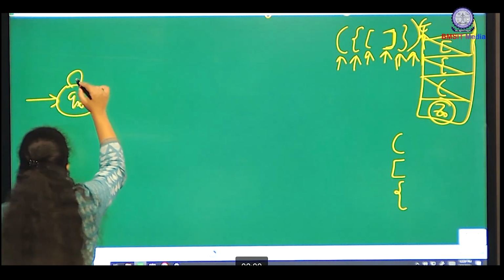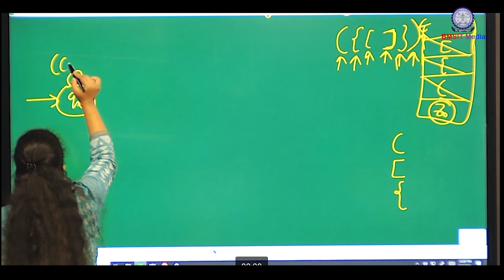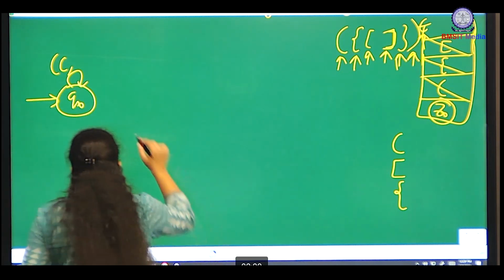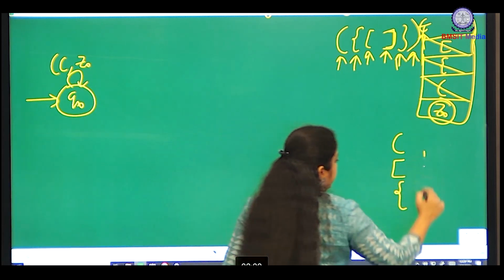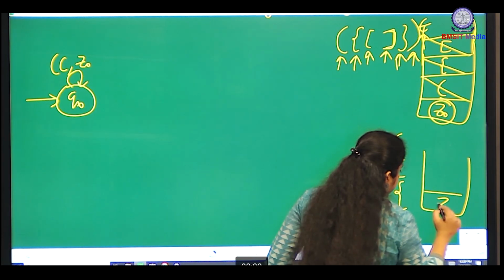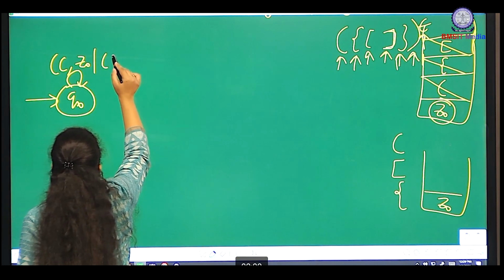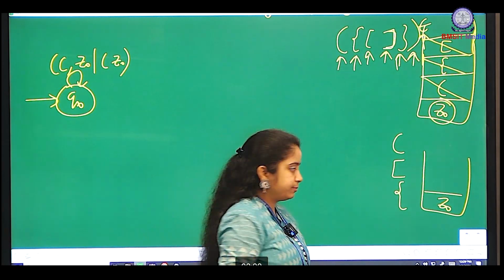The open parenthesis is the input symbol and the stack is initially empty, which is Z0, and you simply push the open simple parenthesis onto the stack.